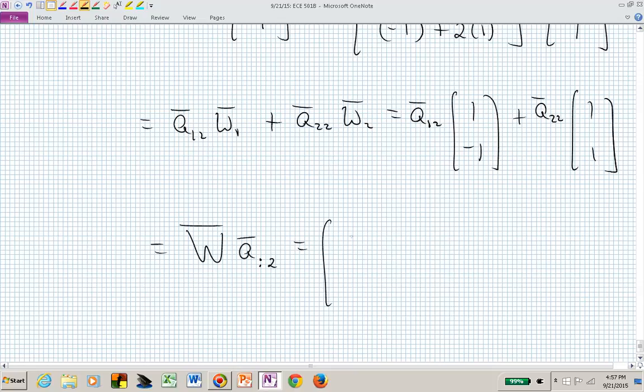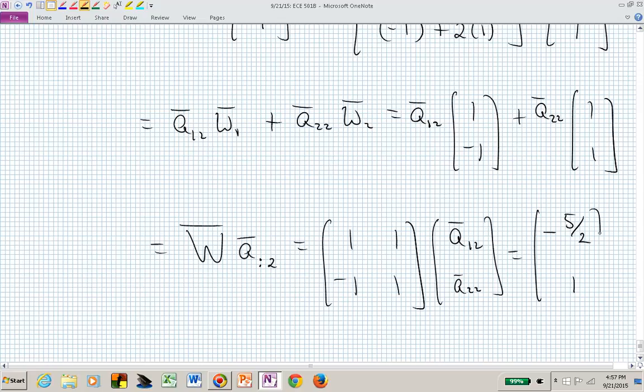Or this is now [1, minus 1; 1, 1] times A12 bar, A22 bar, and that's supposed to be minus 5/2 and 1.